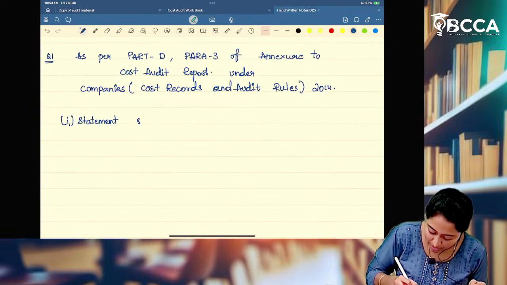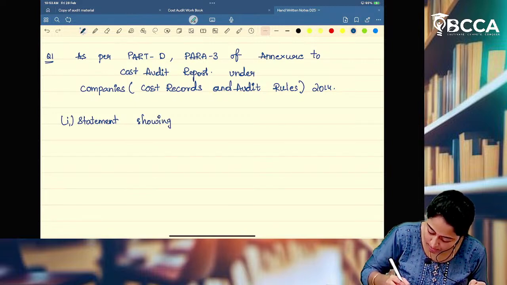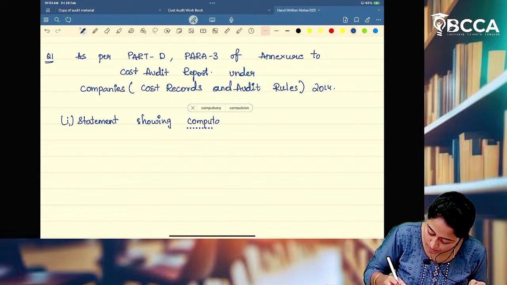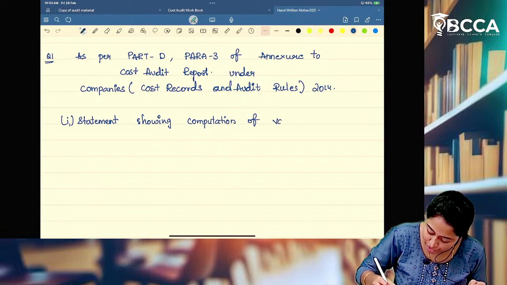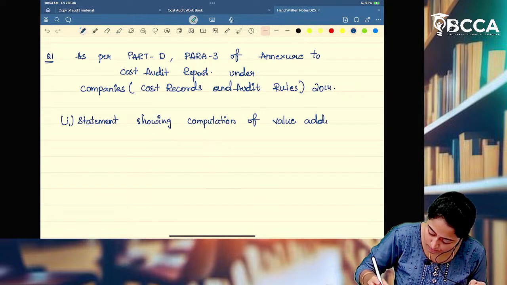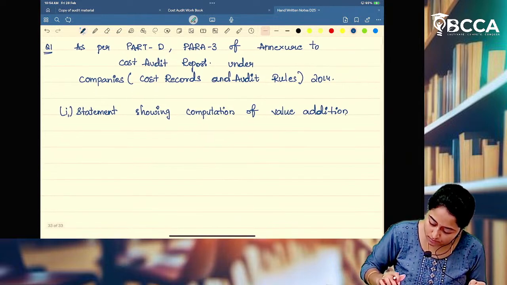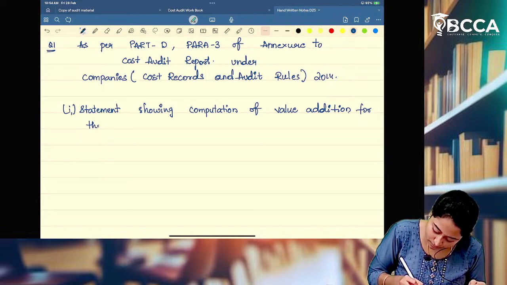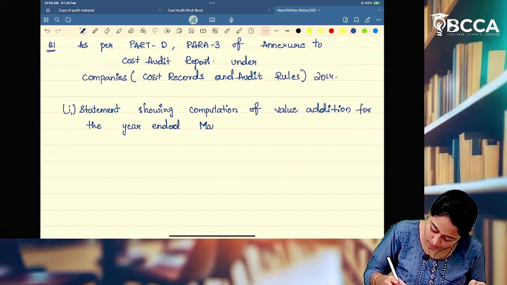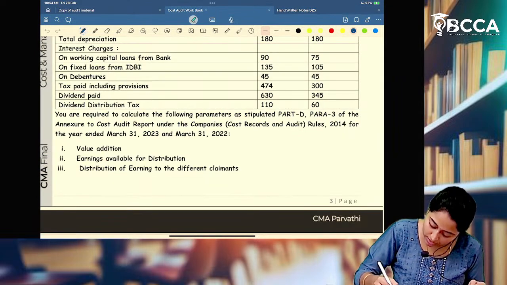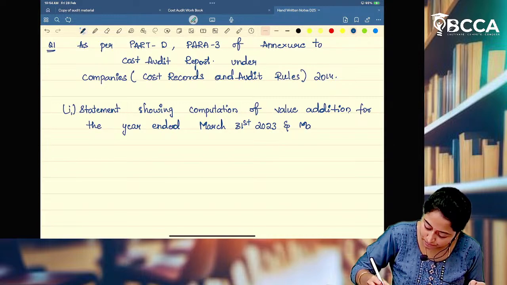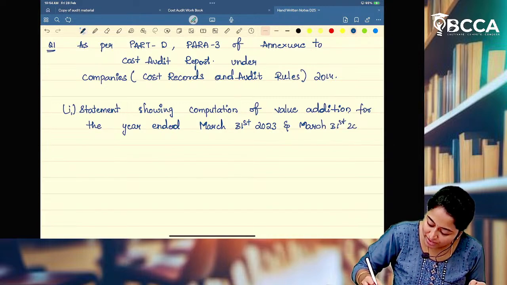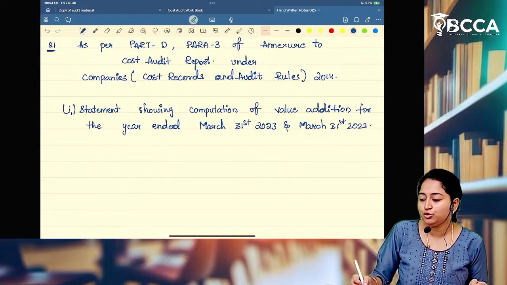So write it as first statement showing computation of value addition for the year ended March 31st, 2023 and March 31st, 2022. Heading is very, very important. If you're not writing the heading for statement, then you lose marks. Okay?